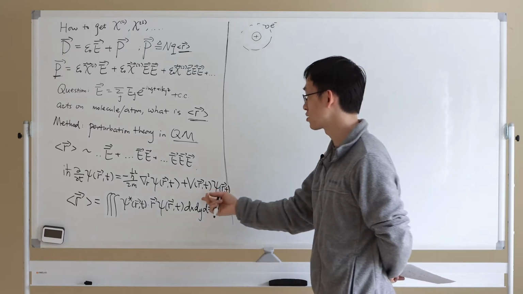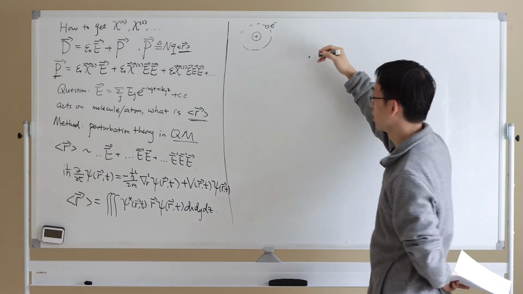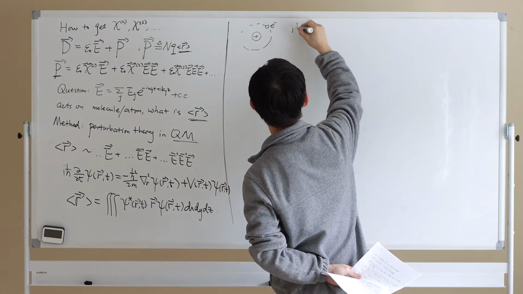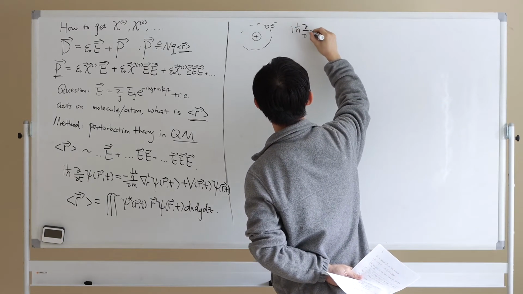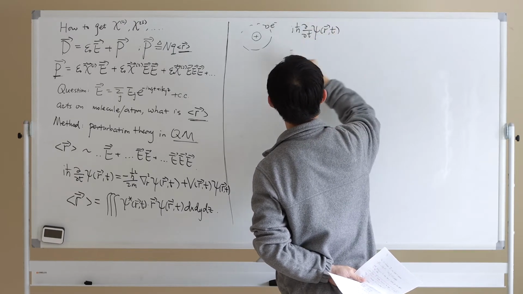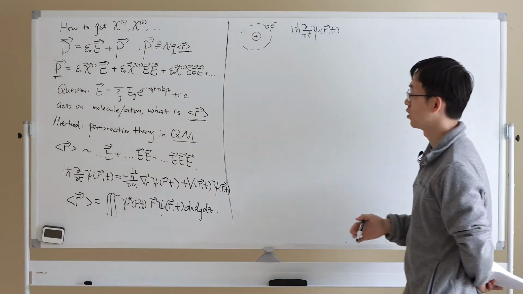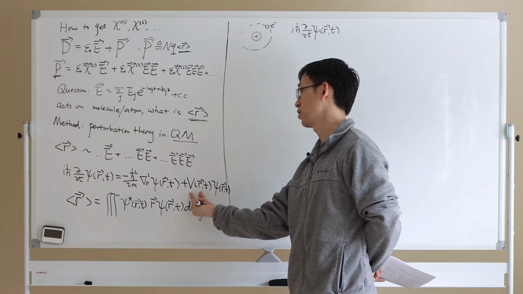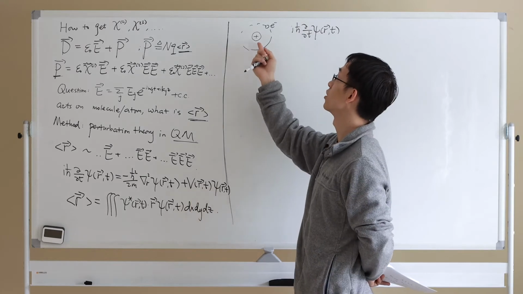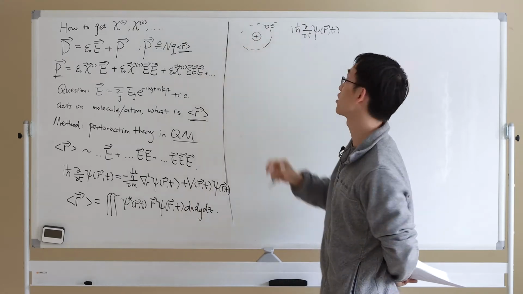So what we do is that, for each molecule, for each material itself, the outside electron, the active electron, would have an effective potential well from the core, and also from other electrons.